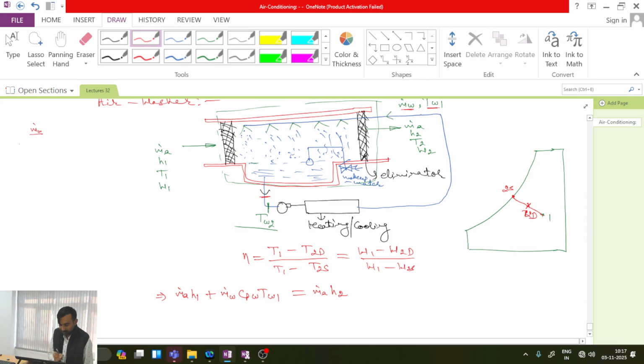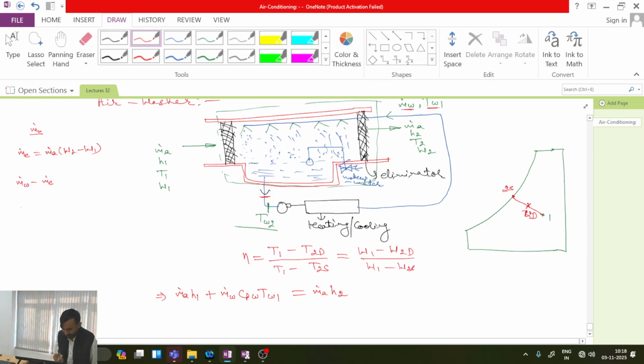M dot W. Out of this m dot W, some amount of water has evaporated, and it got added in the form of water vapor to the moist air. How much is the amount of water vapor evaporated? M dot A into W2 minus W1. This is the amount of water evaporated. So how much water is now entering the sump?